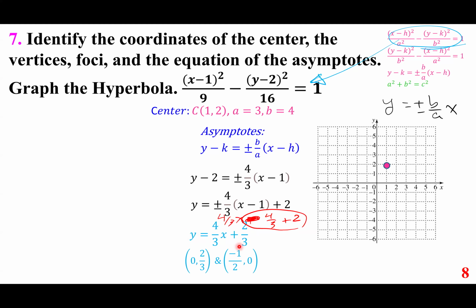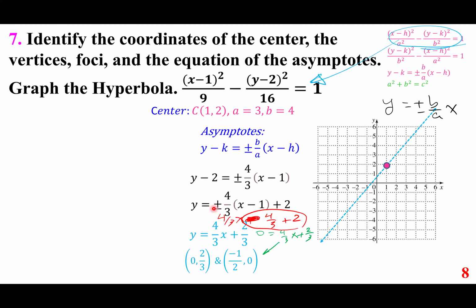I'm assuming everybody can do that. So x is 0, find y, y is 0, find x. So this one is just given, and this one you can see that if you set this equal to 0, you get this one. All right. So you can graph that: 0, 2/3, negative 1/2, 0. It's not perfect, but it's close if you look at those intercepts.